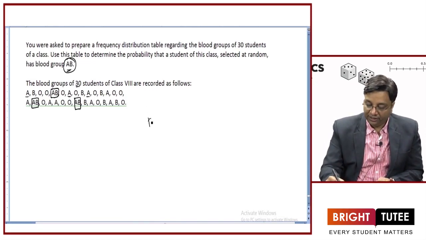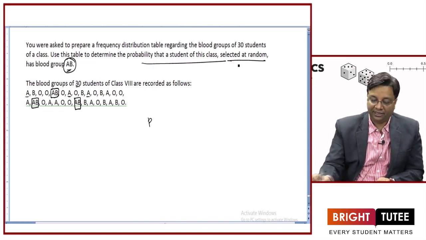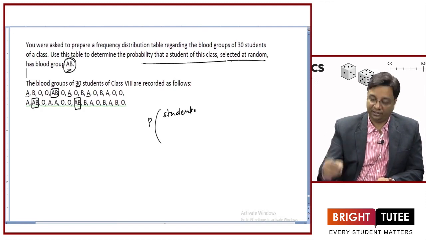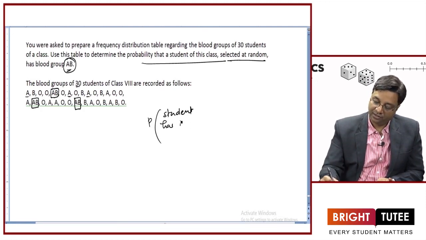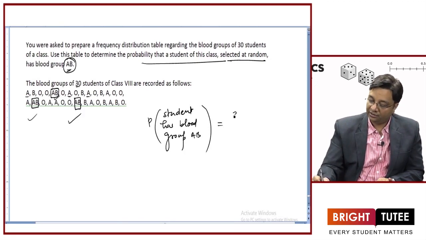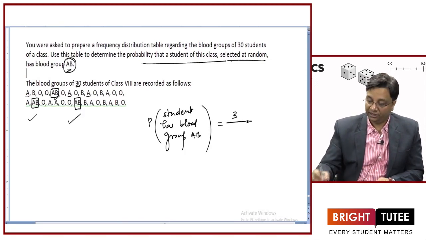So the probability that a student selected at random has blood group AB is equal to 3 students who have got blood group AB, so 3 by 30, that is 1 by 10.